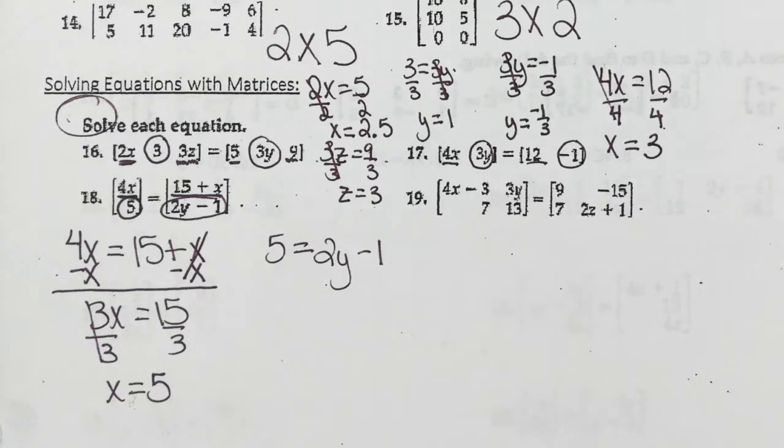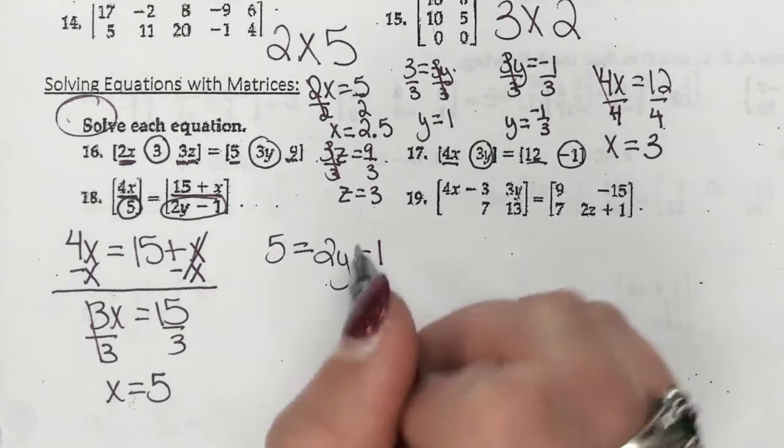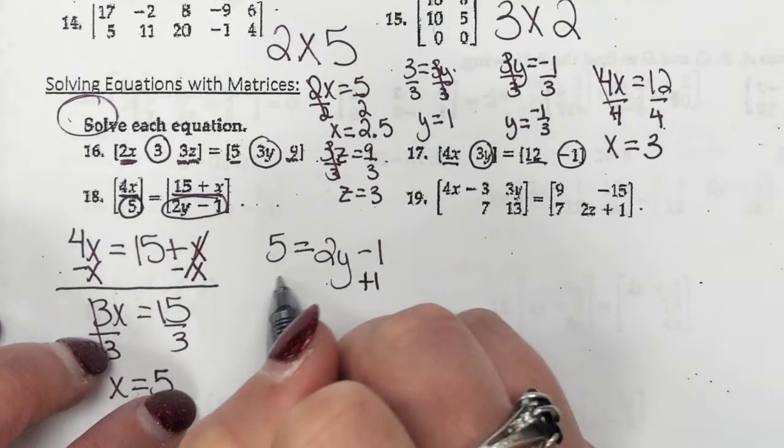All right, what'd y'all get? Y equals 3. Perfect. There you go.